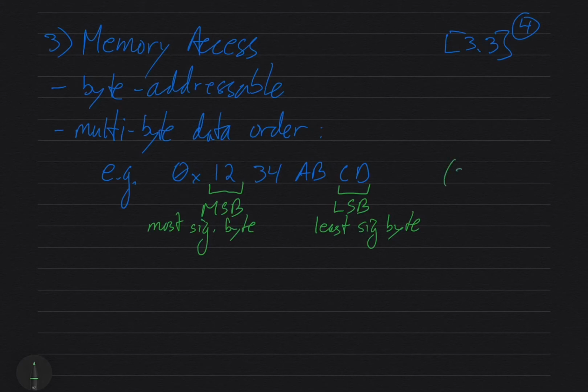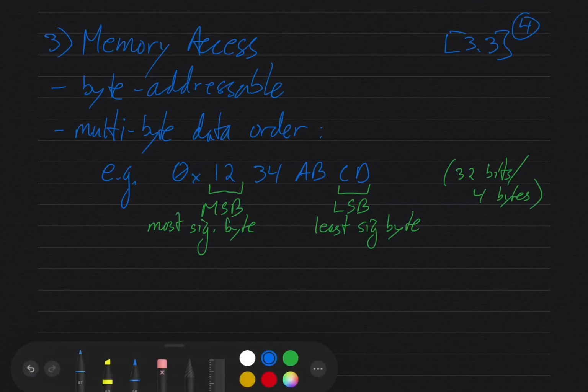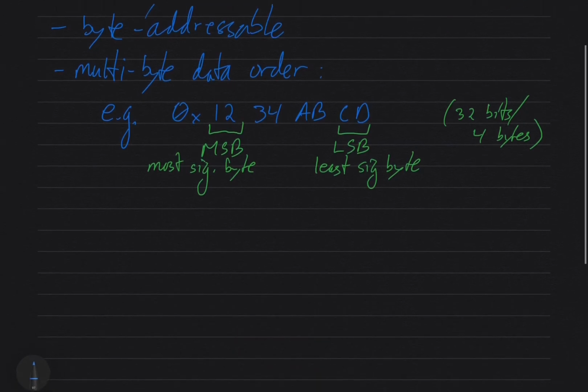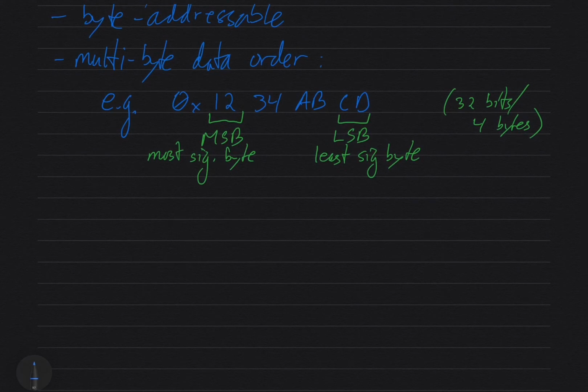And just to emphasize, this whole thing is 32 bits, or 4 bytes total. Alright, so if we're going to store this in memory, the question is, do we store the 1, 2 at the first address and the 3, 4 at the second address, or do we store the CD at the first address?